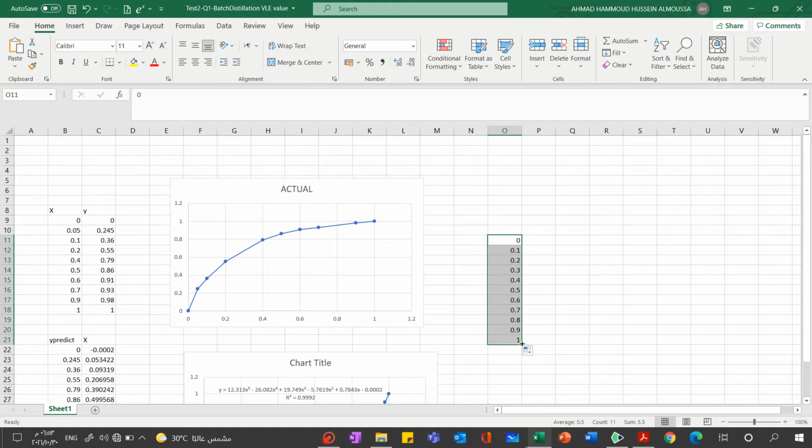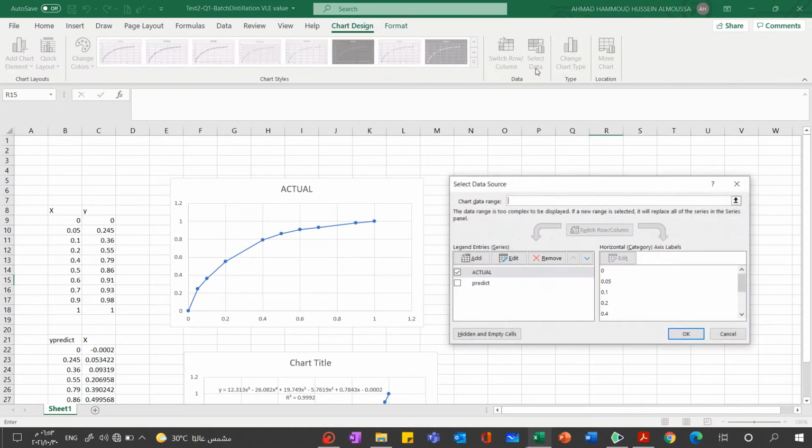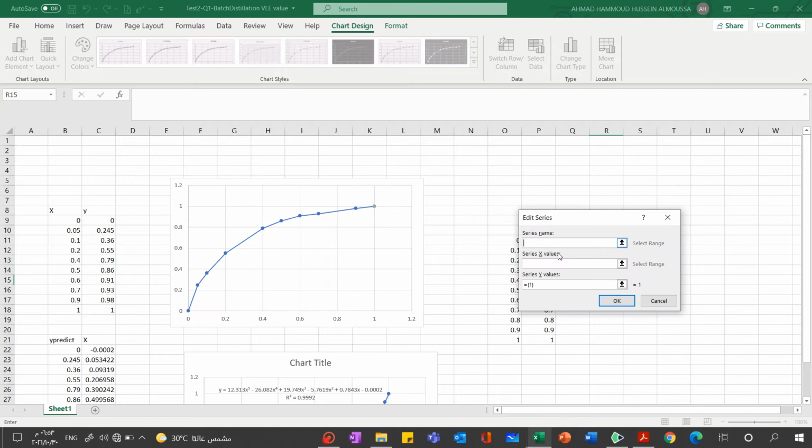Let's go here, chart design, select data, add another, and call it Q line.